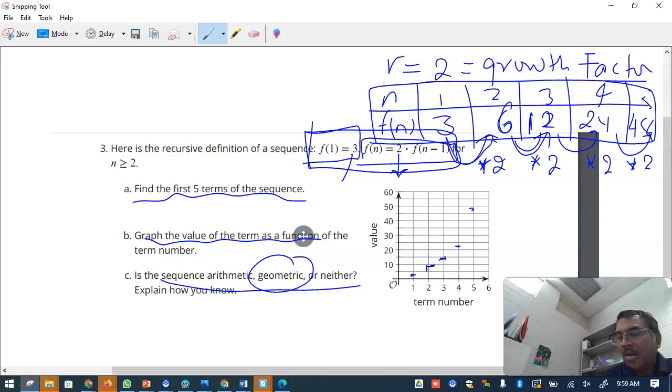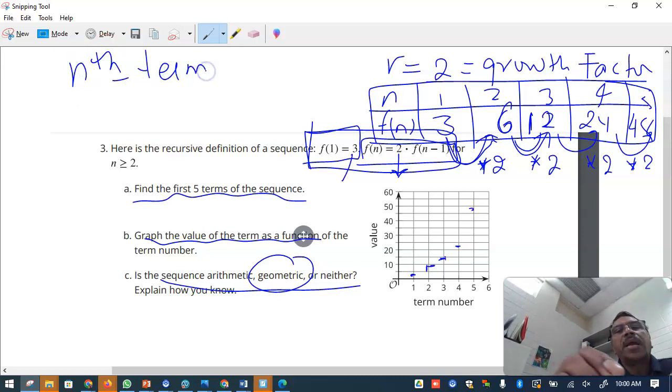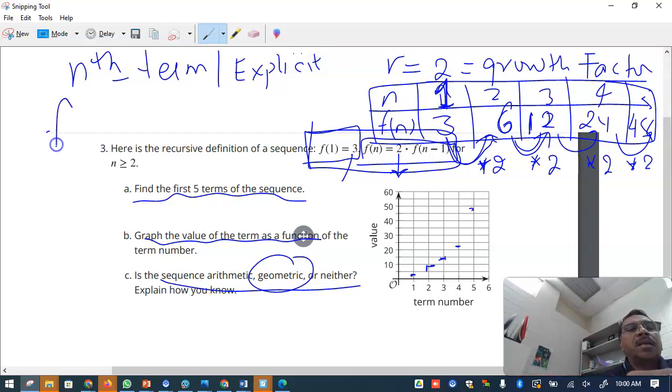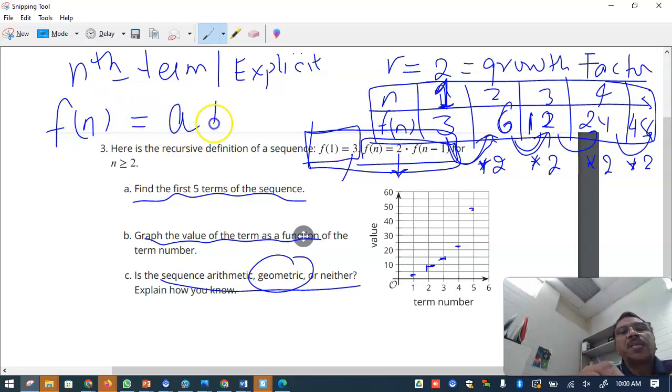At the same time, we also need to write the nth term, or explicit formula. So how do we write this explicit formula? If I start with 1, then the explicit formula f of n is always the first term plus d, the rate of change.